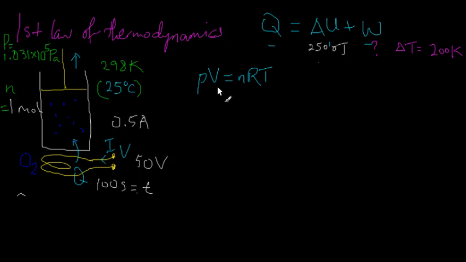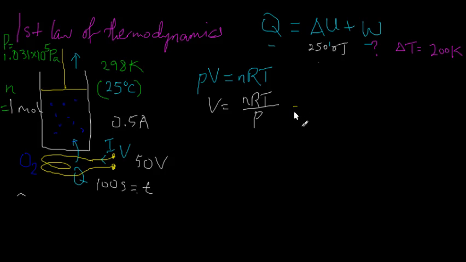And then later on, at a higher temperature, when the temperature increased by 200 Kelvin, I want to find the new volume, the expanded volume, and finally I can take the difference and find the increase in volume. So let's start. V then is equal to, divide both sides by P, nRT over P.